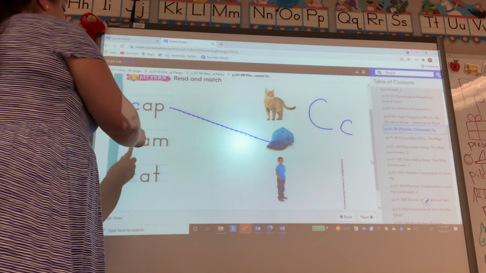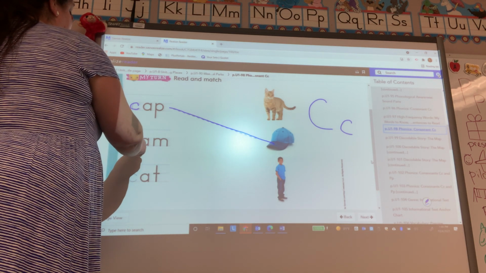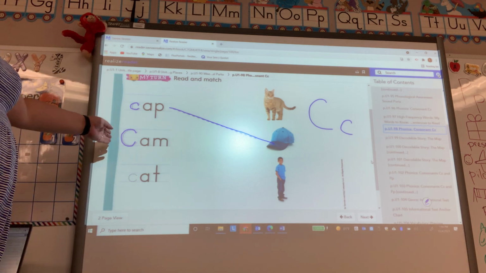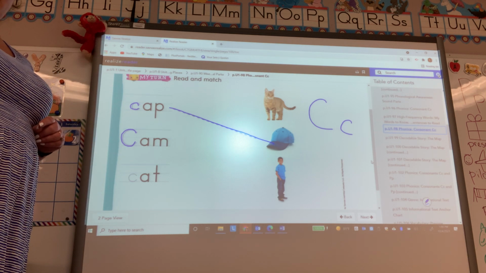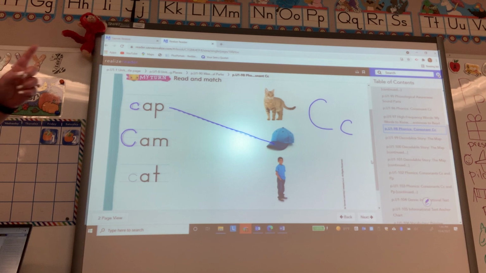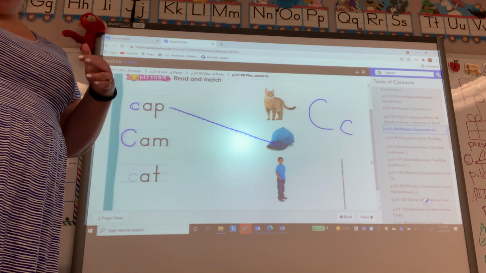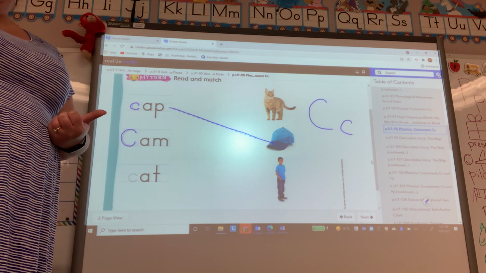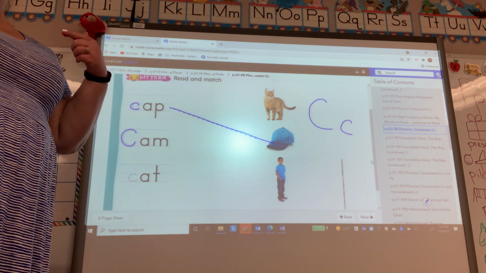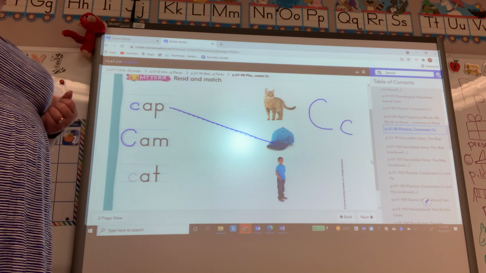Next, let's trace this C. Now I want you to look at this C and tell me, is it lowercase or capital? It's a capital C. That must mean that it is a person's name. Because remember, we start our sentences with a capital letter and our names with capital letters.